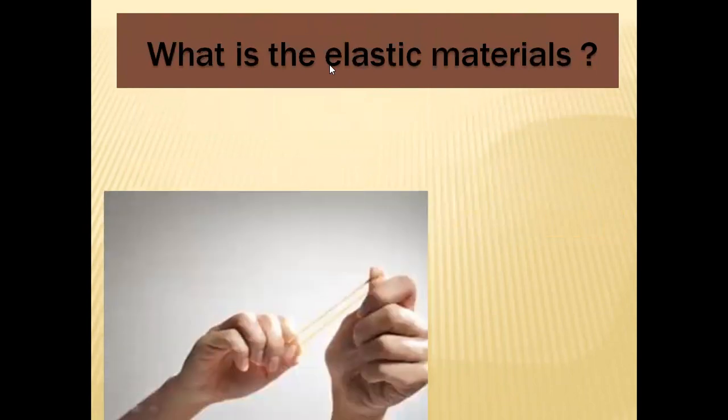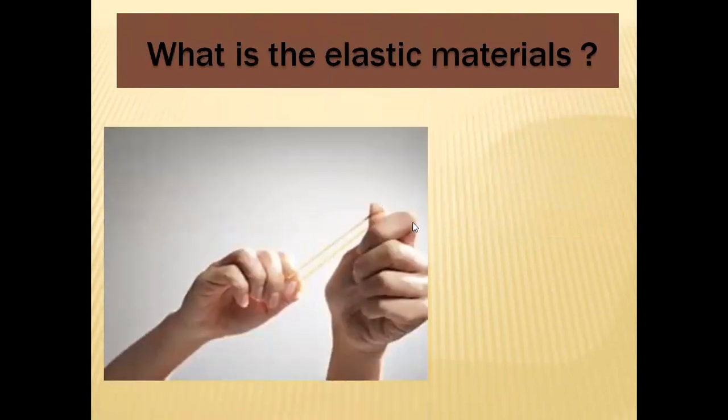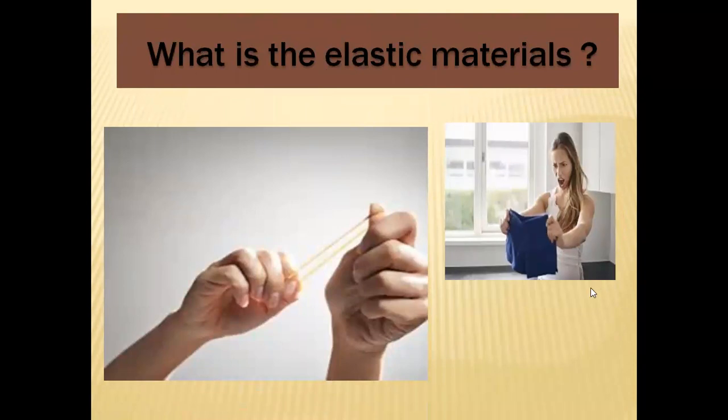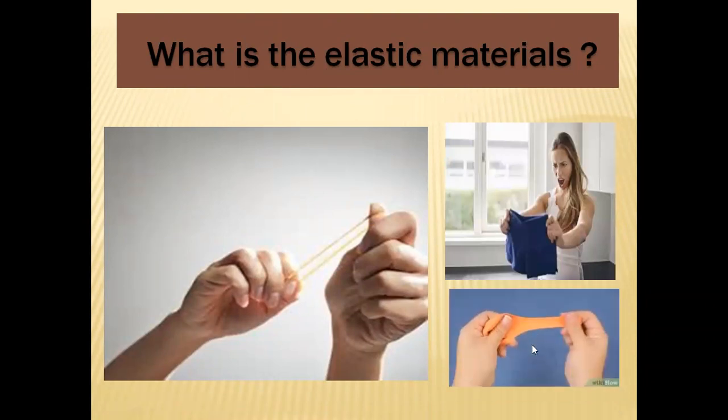What are elastic materials? You can see here rubber bands, clothes. Some of the clothes also have elastic quality or elastic property, and balloons. So all these materials have elasticity. They can be stretched. Their property is elastic. They can be stretched easily when we are using our hands.